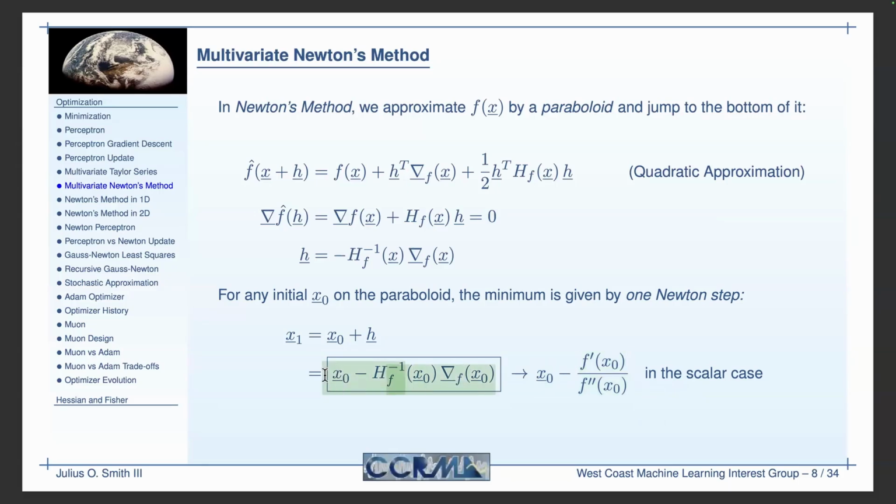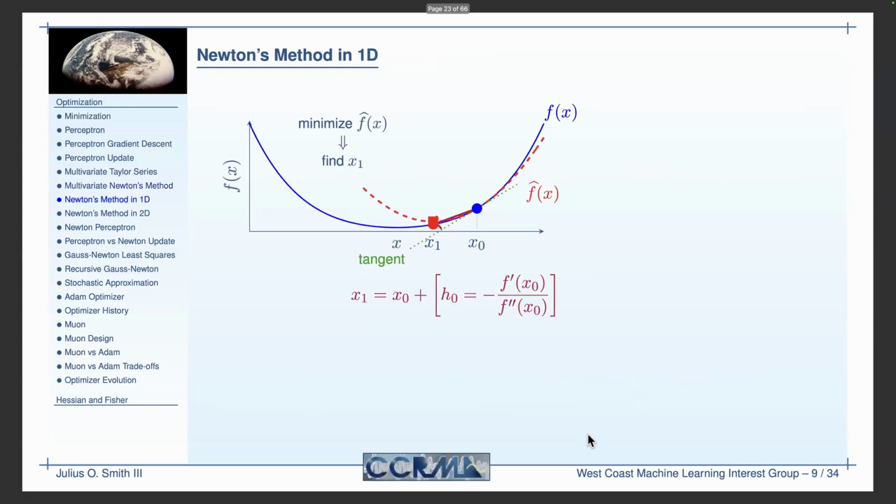And instead, we've got this vector version where the second derivative is the pre-multiplication by the inverse Hessian, and the first derivative has become the gradient. But otherwise, it's the same sort of thing. And the same sort of issues pertain. Okay, so that's straightforward. So each Newton step, we will minimize the local parabolic approximation.